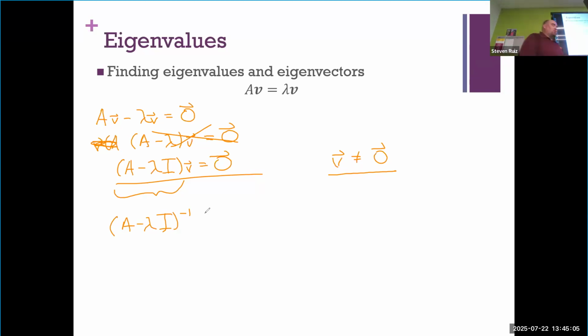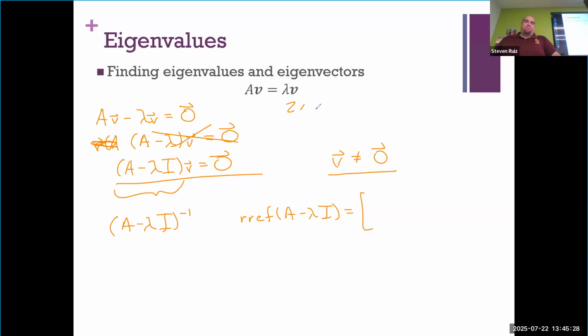If a matrix can be inverted, what does that mean? The determinant is not zero. And if the determinant is not zero, that means that it can be reduced into what? What's the reduced row echelon form of this?